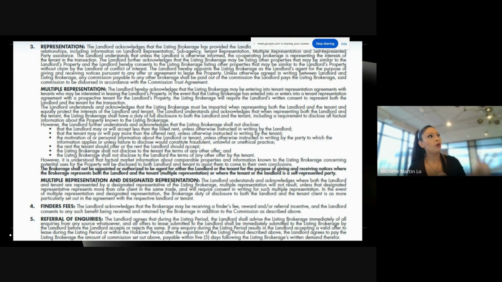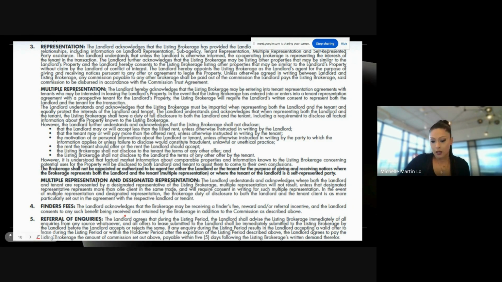So you are holding it for yourself. It only becomes a multiple representation if you yourself have the client who comes in as the buyer and the client who is selling the place, the seller. They have changed it, so please read up on multiple representation. Don't quote me on everything, because things change quite frequently, so make sure you read through it beforehand.